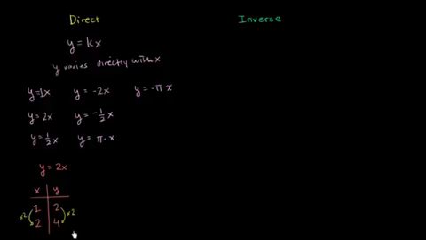So that's what it means when something varies directly. If we scale x up by a certain amount, we're going to scale up y by the same amount. If we scale down x by some amount, we would scale down y by the same amount. And just to show you it works with all of these, let me do a new example that I haven't even written here.